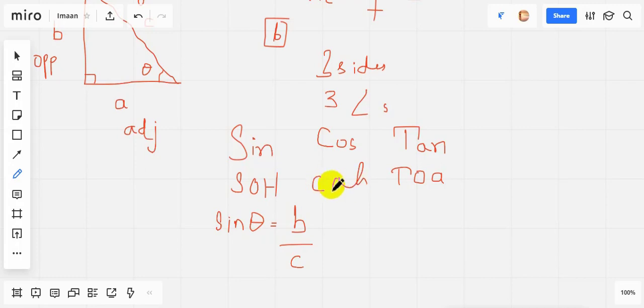Cos is CAH. So C for cos. So cos theta equals, the ratio for cos theta will be always adjacent over hypotenuse. A for adjacent, H for hypotenuse. So we named adjacent as A, and then we named hypotenuse as C. Getting it?